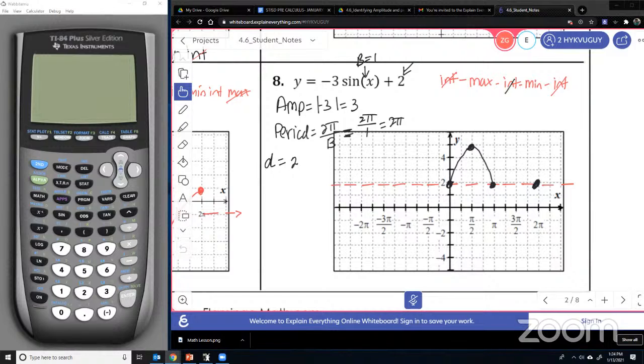So you're at the midline, you're going to go 3 spaces, 1, 2, 3. So at 3 pi over 2, you should be at -1, because it's based on the midline. And then you go up, and that's it. So the max was at 5 and the min was at -1, and that's all based on the midline because the midline went up.